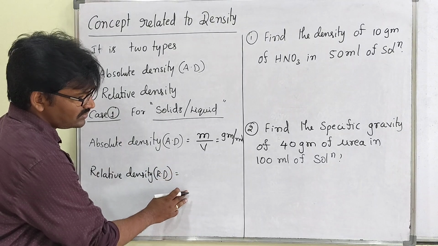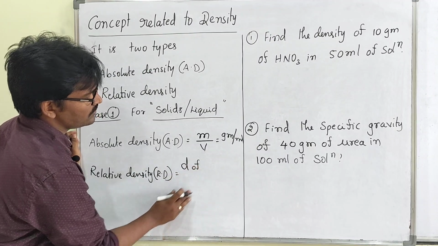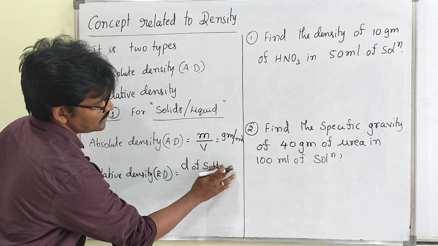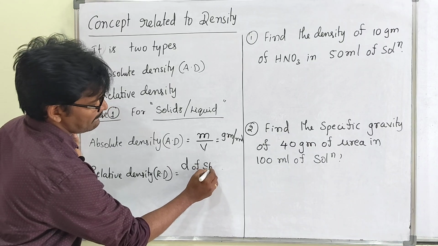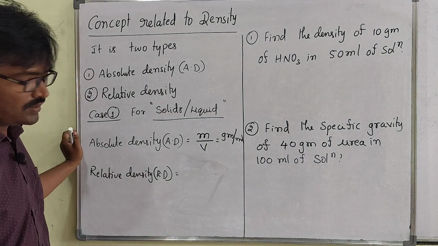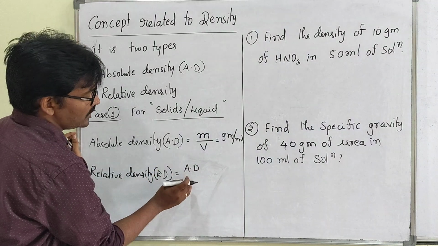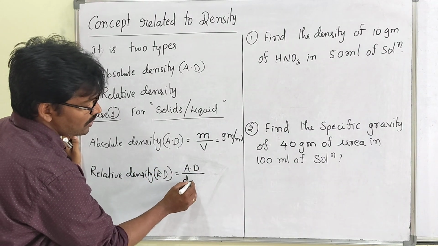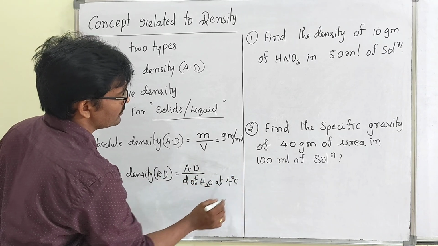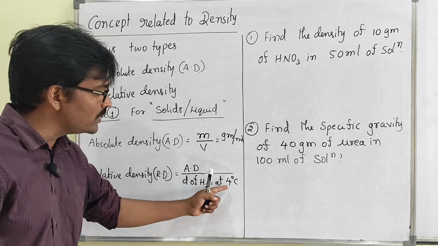So here, density of a substance, or absolute density, is divided by the density of H2O at 4 degrees Celsius. Are you getting my point? Absolute density divided by density of H2O at 4 degrees Celsius.